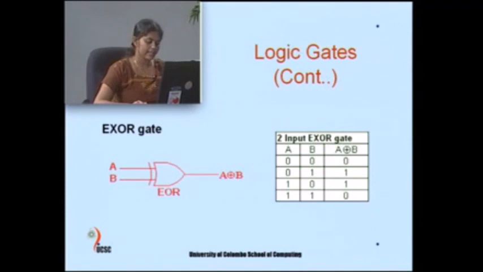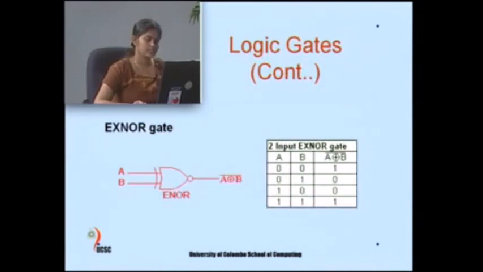The exclusive NOR gate circuit does the opposite of the XOR gate. It will give a low output if either but not both of its two inputs are high. The symbol is an XOR gate with a small circle on the output. Here also the small circle represents inversion.